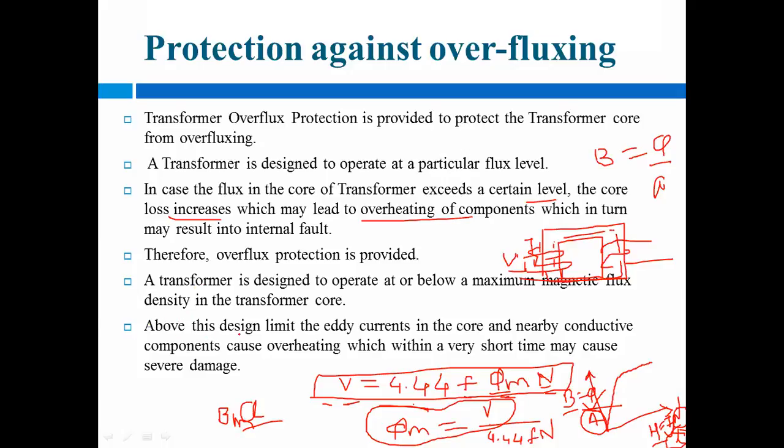About this design, limiting the eddy currents in the core and nearby conductive components matters, because they cause overheating, which within a very short time may cause severe loss. So if we increase the value of this current or that flux beyond the given limit, that is beyond the maximum magnetic flux, what will happen?